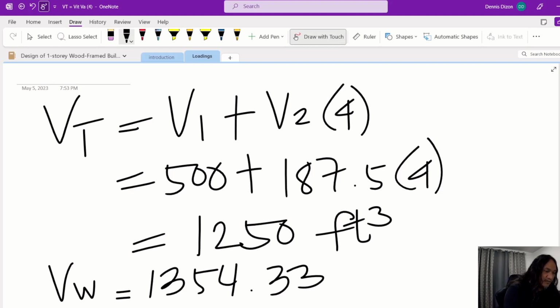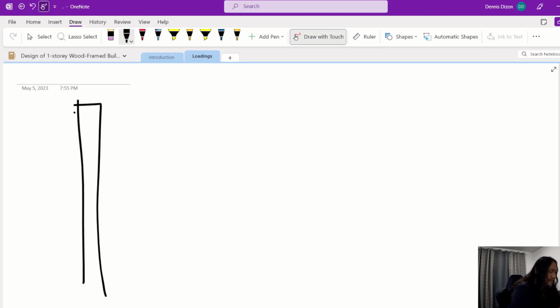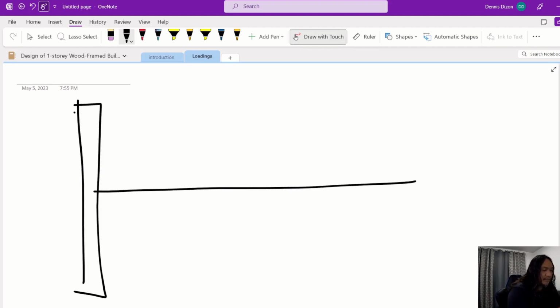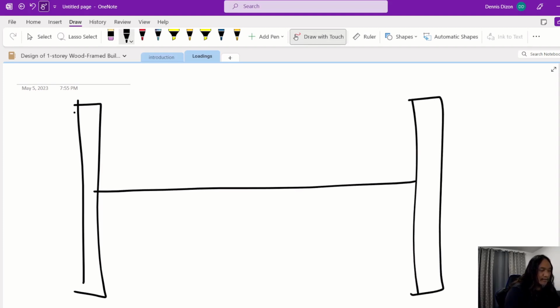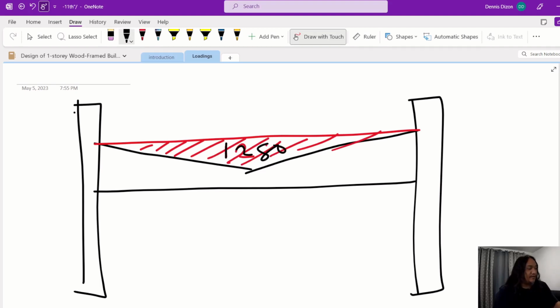So going back to this section, this volume is 1,250 cubic feet.